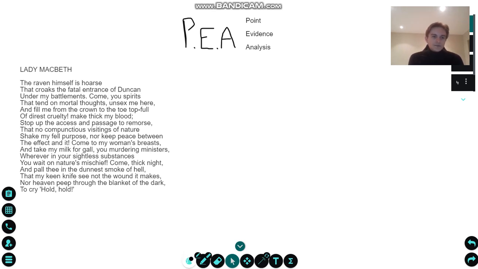So here we have an extract from the play Macbeth by the character Lady Macbeth. This is one of the most notorious, infamous instances of soliloquy in the entire play, where she asks for spirits to unsex her, basically wanting to be stripped away of everything that resembles not just a woman, but a human.